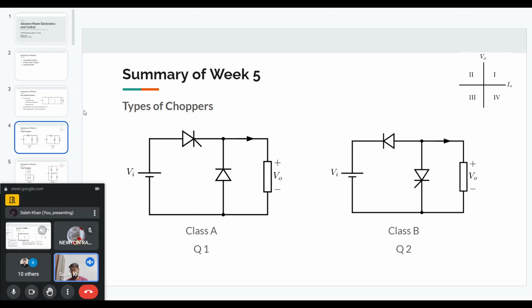If it is a common cathode configuration, you have to find which anode voltage is the highest. The diode or SCR with the highest anode voltage will conduct. Then you see which diode conducts, what will be the output voltage, and then you will get the output voltage.